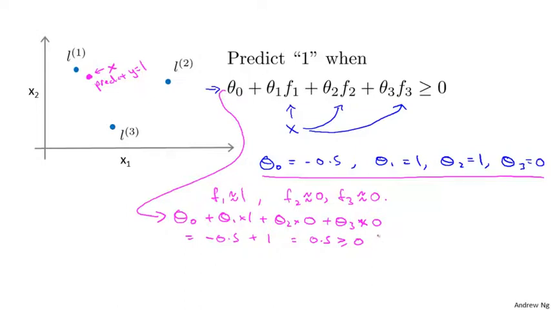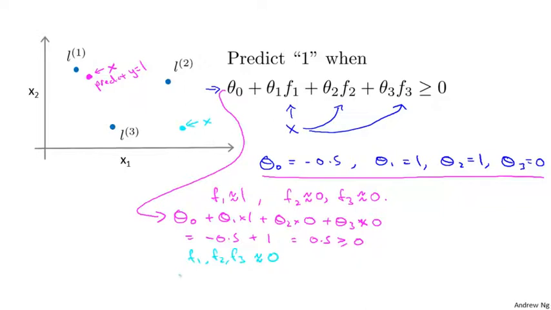Now let's take a different point. I'm going to draw this one in a different color, in cyan, say. For a point out there, if that were my training example X, then if you make a similar computation, you find that f1, f2, f3 are all going to be close to 0.